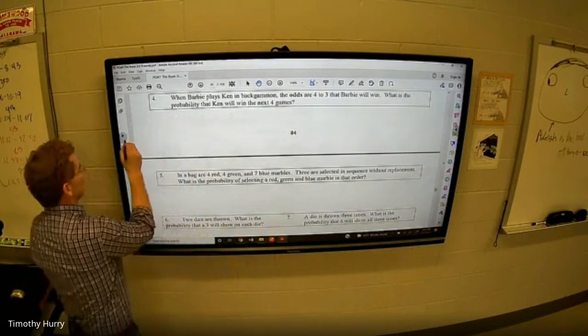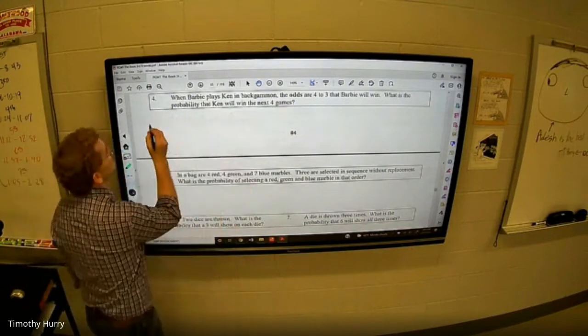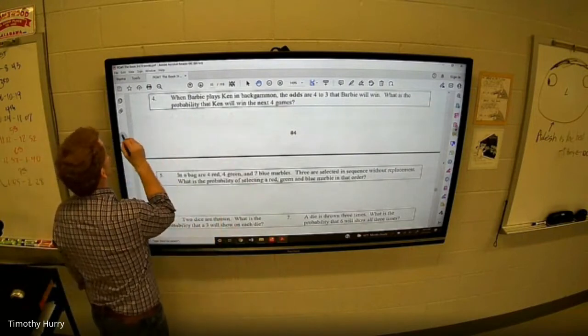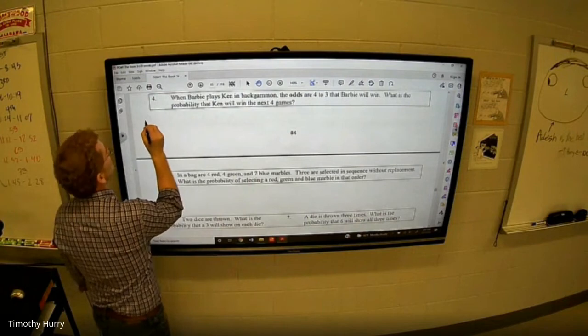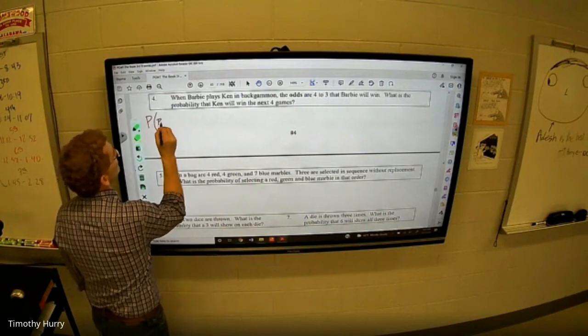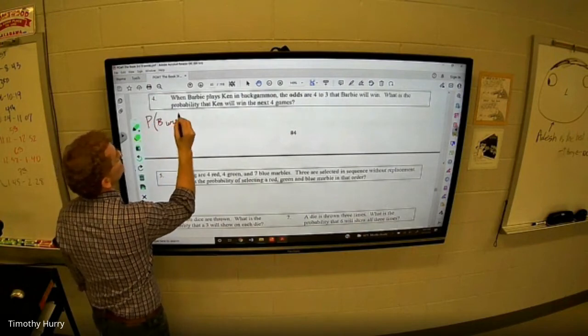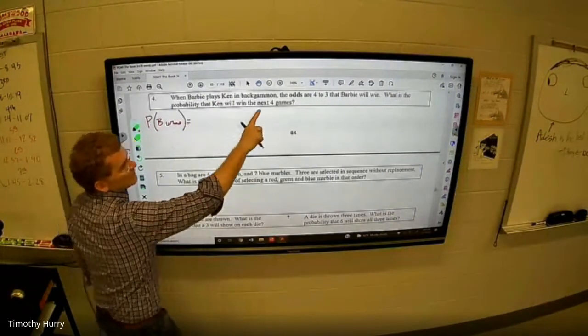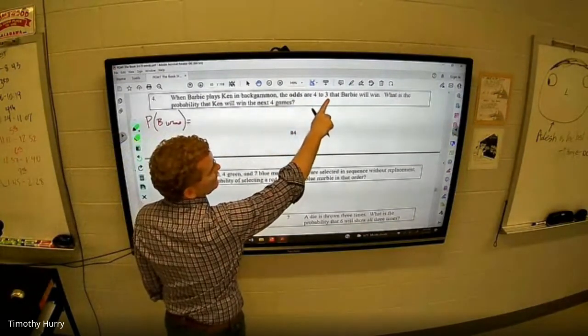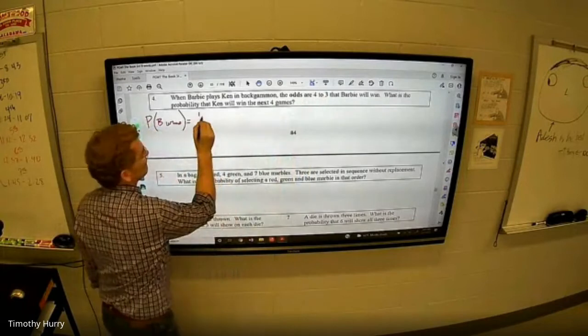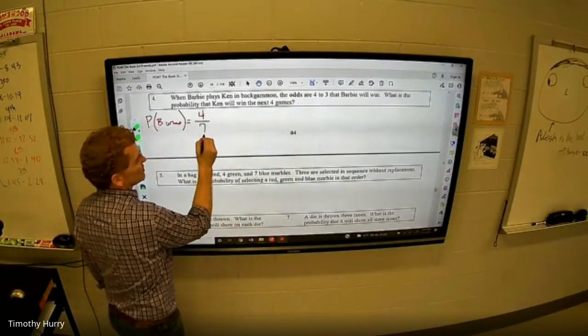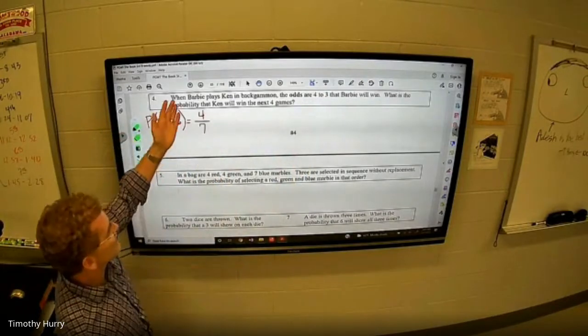So right here, if the odds are 4 to 3 that Barbie wins, we're going to say the probability that Barbie wins is what? 4 wins, 3 losses, right? So that would be 4 what? 4 7ths.